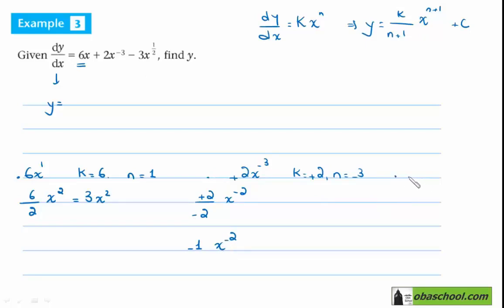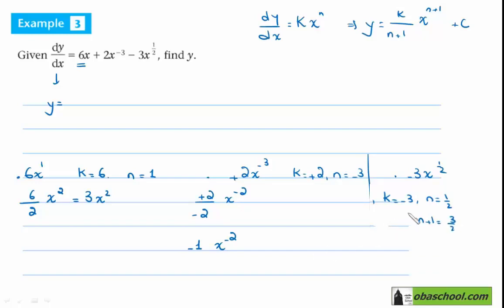Now moving to the third term, we have minus 3x to the power 1 over 2. Therefore, k is equal to minus 3 and n equals 1 over 2. n plus 1 is then equal to 3 over 2.